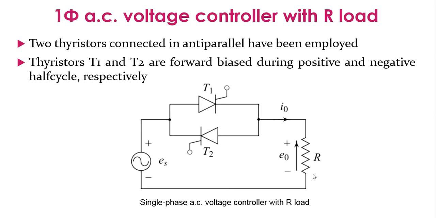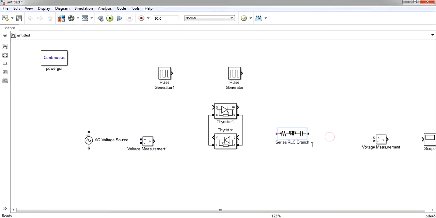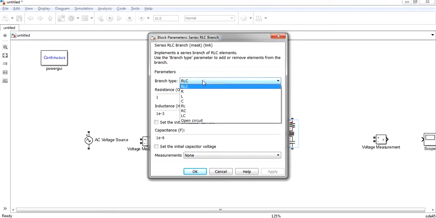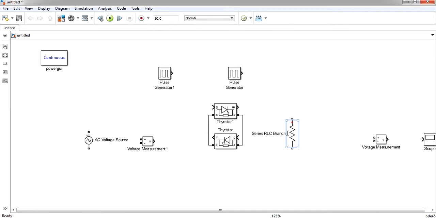Now we connect the AC supply, one end to this thyristor pair and the other end to the RLC branch. Here it is only purely resistive, so let us rotate it, double click on it and make the branch type only a resistor. I am taking 100 ohm, suppose. Click on apply. Here you can see only a resistor is there. Now let us connect.